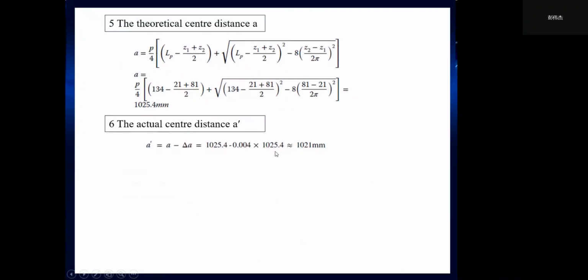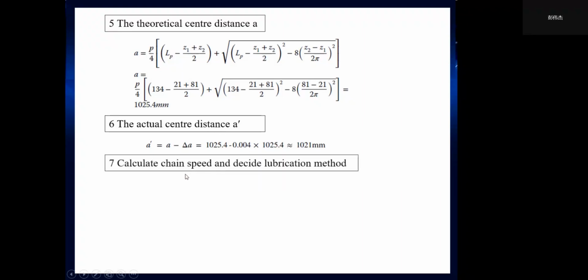Then calculate chain speed. We select Z1 as 21, and we have n1 and p, and calculate the linear speed, which is 8.